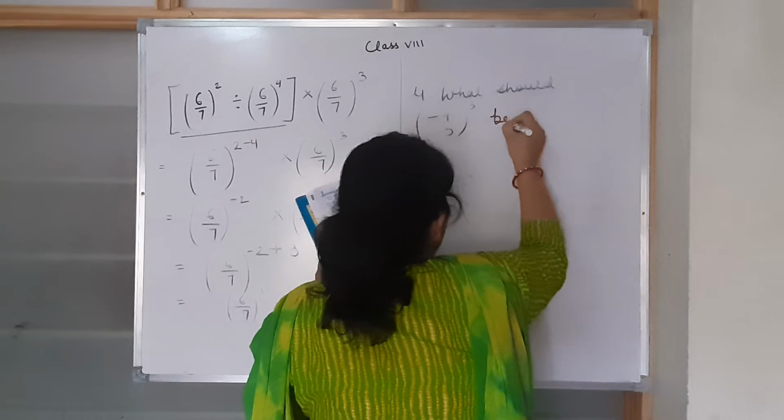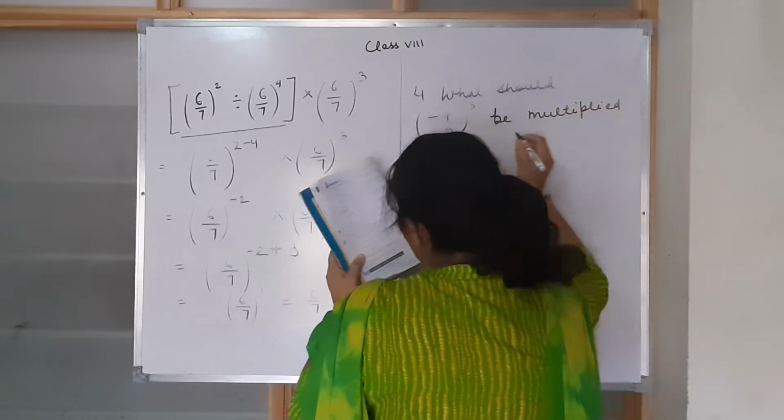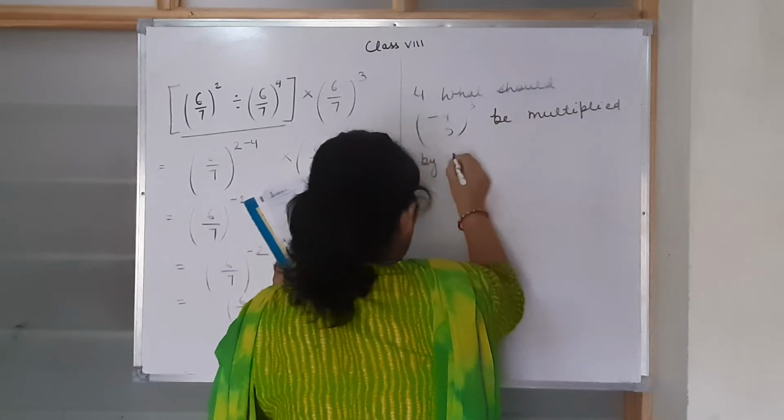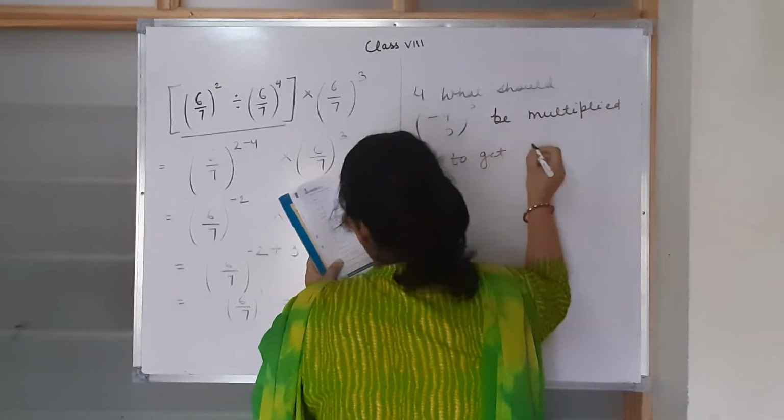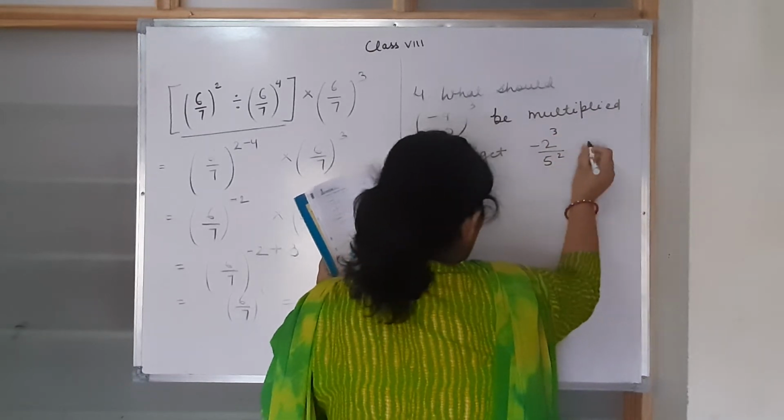Be multiplied by, to get (-2)^3 and 5^2.